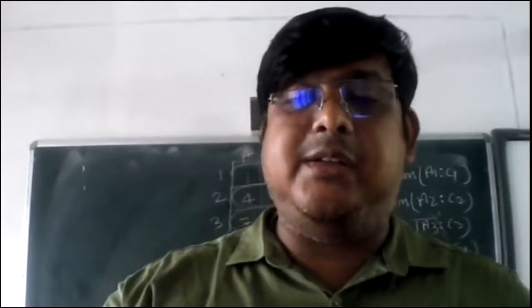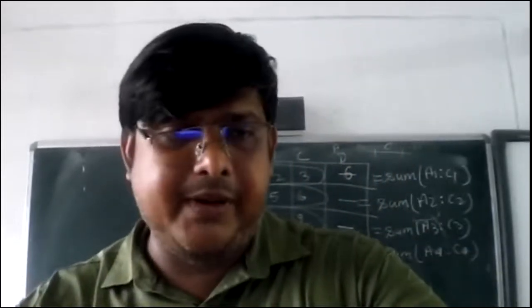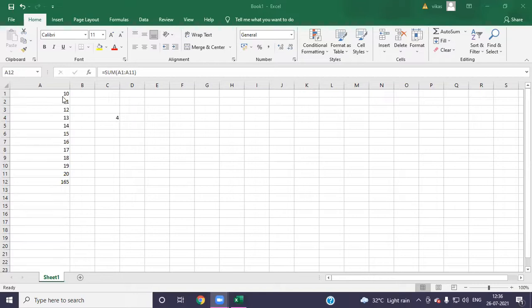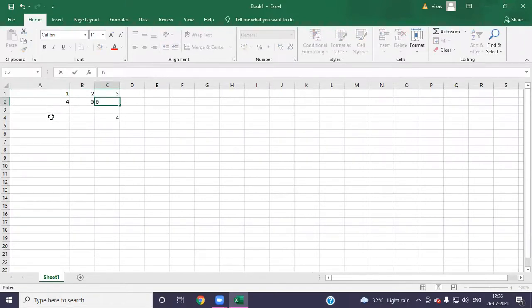So we will see on the Excel how we will complete all this. Look here. I said first I will delete all this. I have written values 1, 2, 3, and here 4. We have 5, 6, 7, 8, and 9.